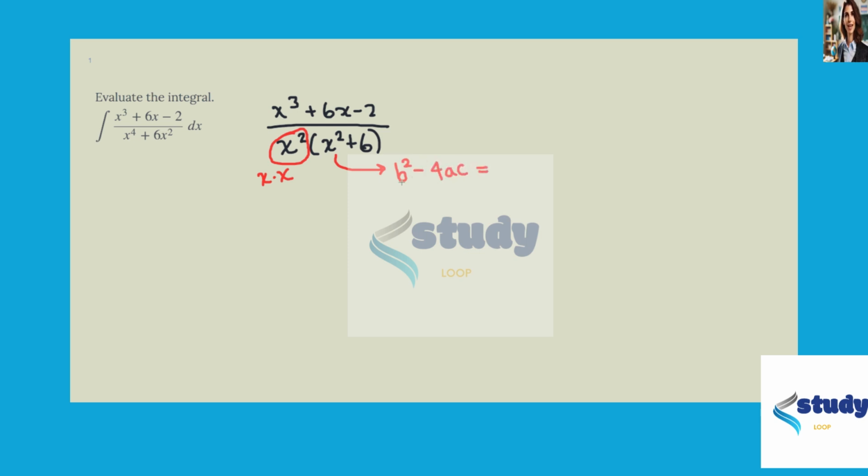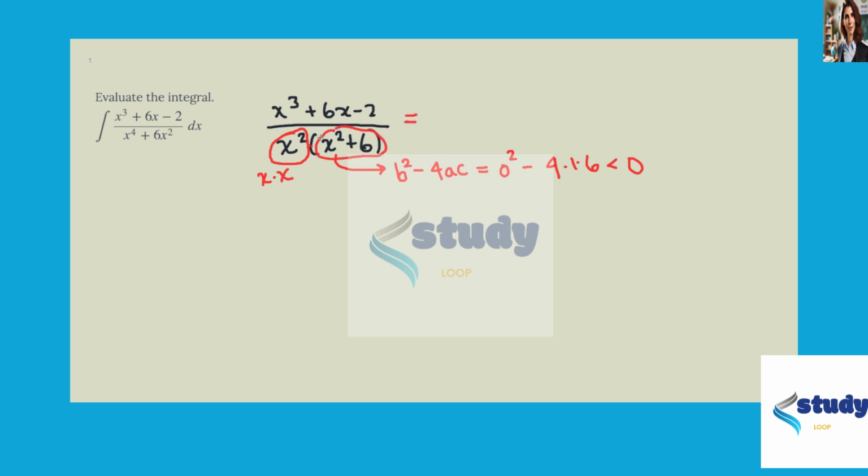Here, b is the coefficient in front of the x. There's no x here, so that's a 0. Minus 4 times 1 in front of the x squared, and then times c, which is 6. And that is definitely less than 0. This tells us that the x squared plus 6 term will not factor.